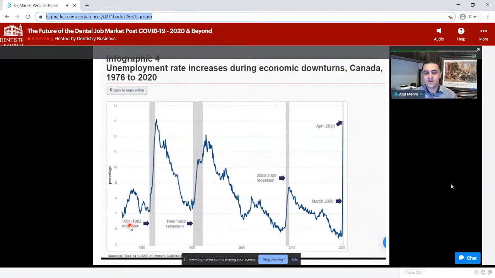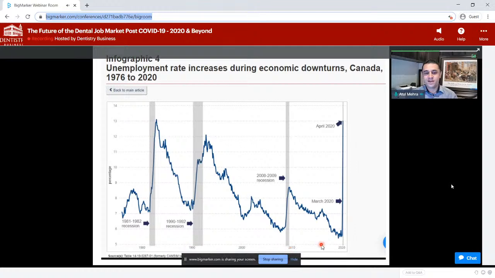Now, in terms of the employment picture, this is a graph from Stats Canada, and it shows you the level of unemployment from 1981 to April of 2020. The gray areas are the recessionary periods in that time.